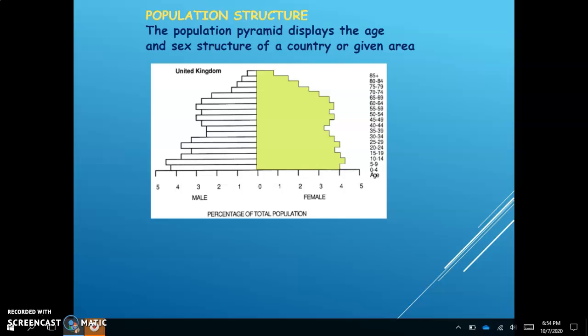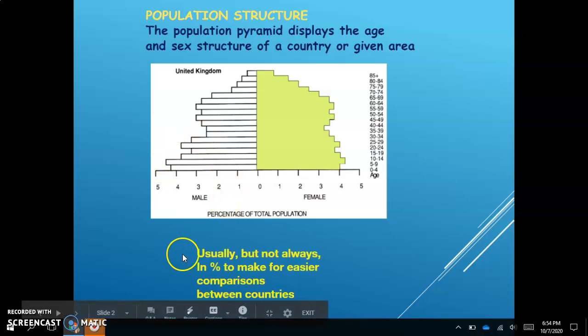So we're going to do another virtual assignment, but basically you can either see percentages on the bottom or you can see total number of population. And we do have a division here. It says usually but not always in percent to make for easier comparison. So just pay attention if you're ever looking at one to make sure whether there's percentage of the total population on the bottom or its actual number population.